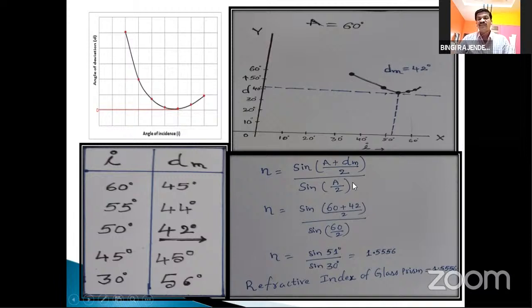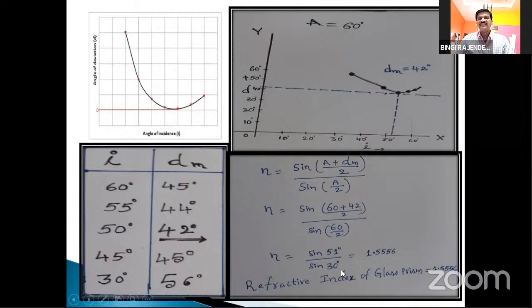We put these values in the formula n equals sine of (A plus Dm) by 2, divided by sine of A by 2. The prism is equilateral, so angle A is equal to 60 degrees. So sine of (60 plus 42) by 2 divided by sine of 60 by 2.